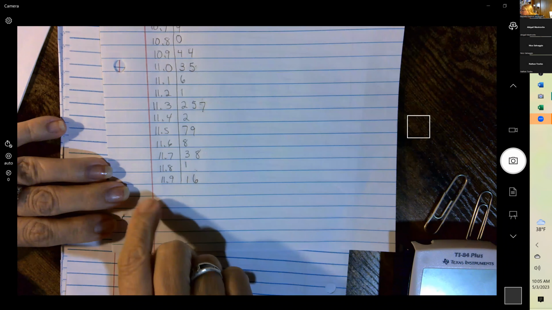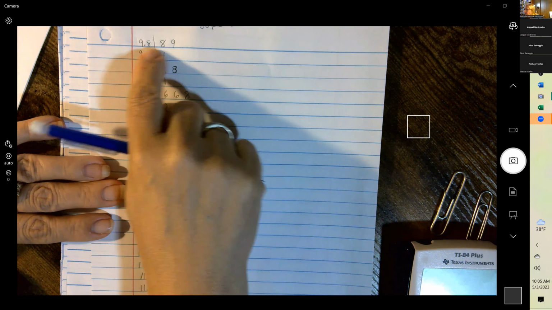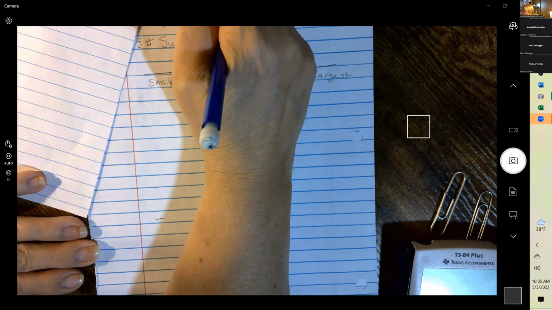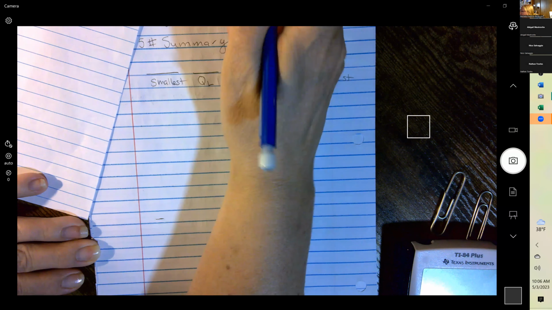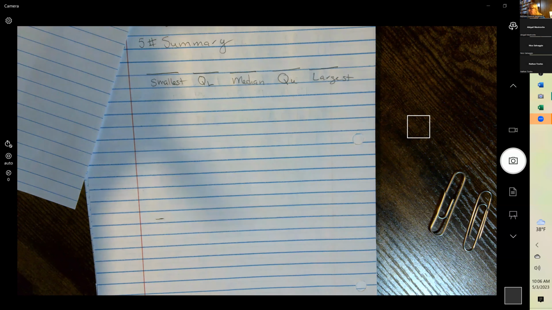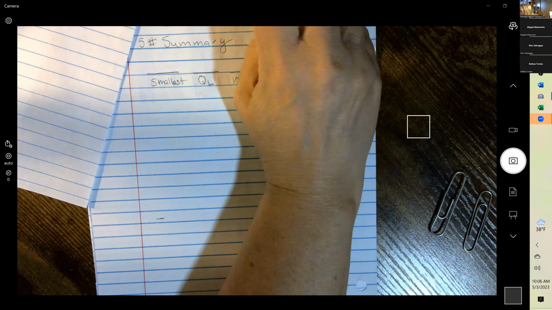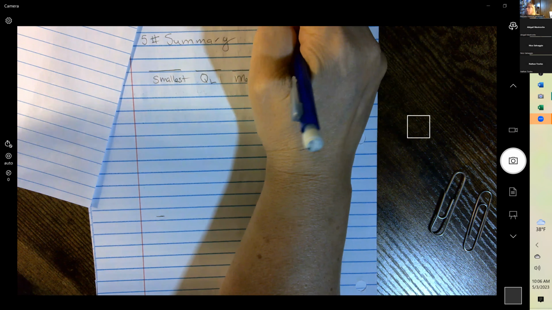The largest, 11.96. Smallest, 9.88. Any questions on that?